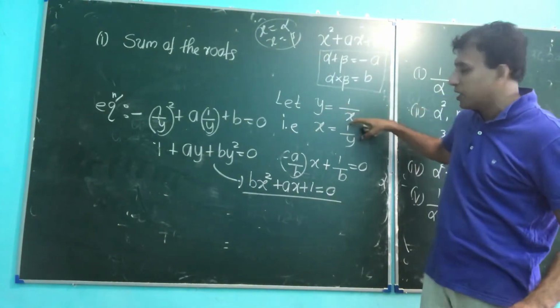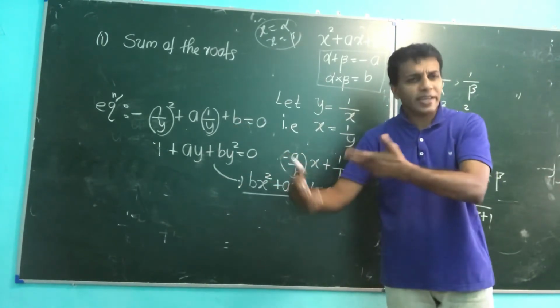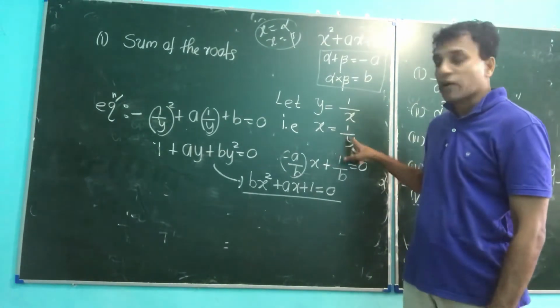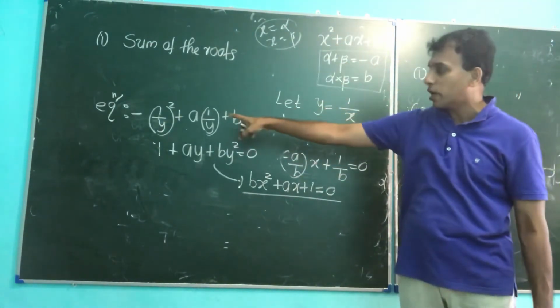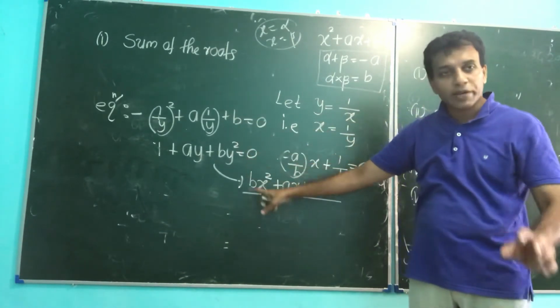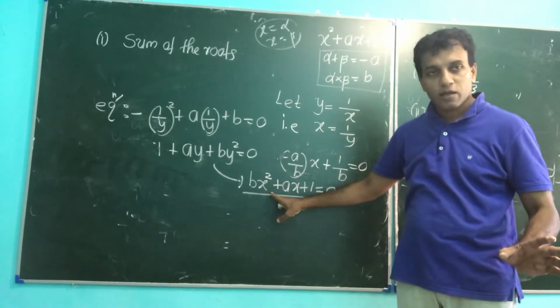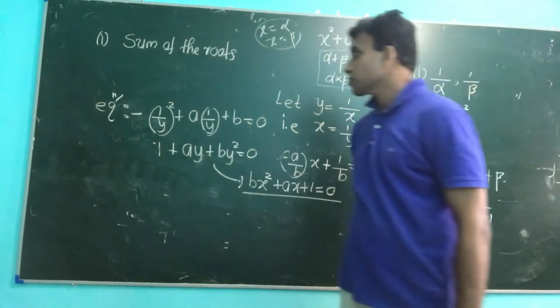Reciprocal of the previous, 1 over x, we take as y. So x is 1 over y. Put x for 1 over y in the original equation. But finally it is better to give the answer in x, so we put y for x. The equation is the case, right?